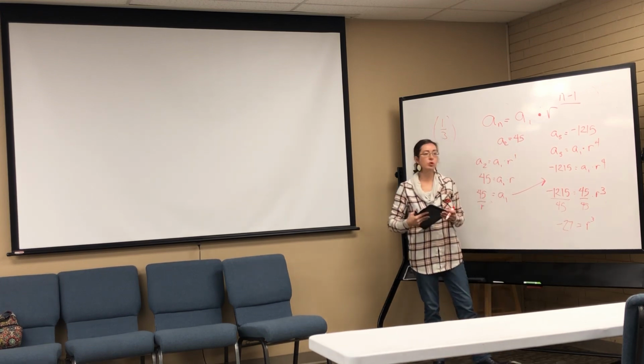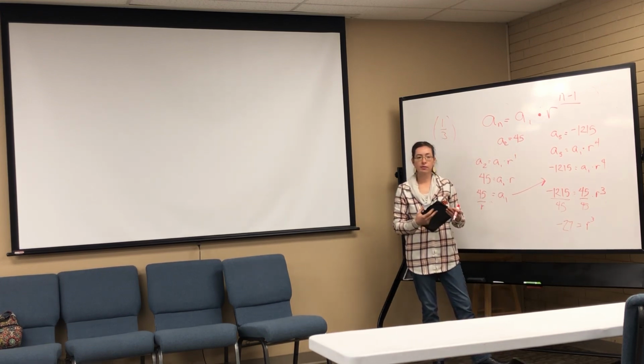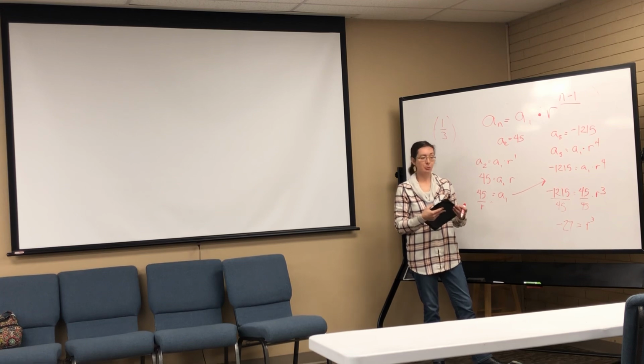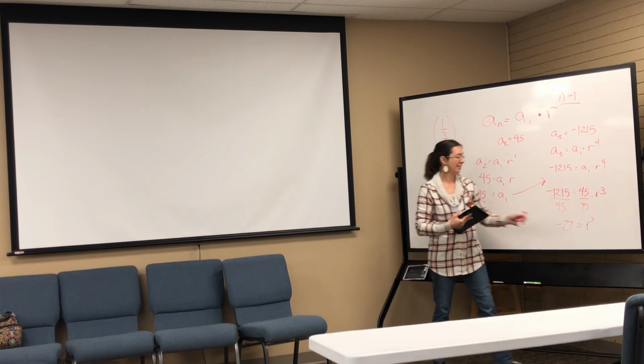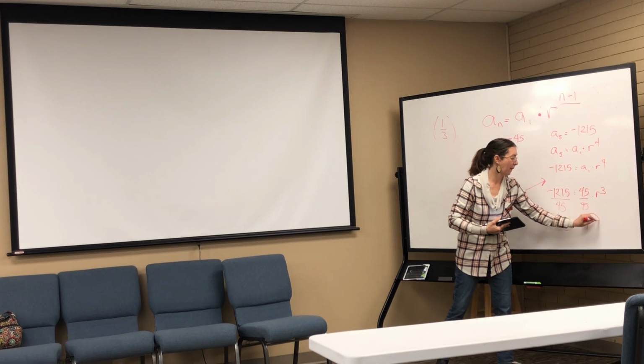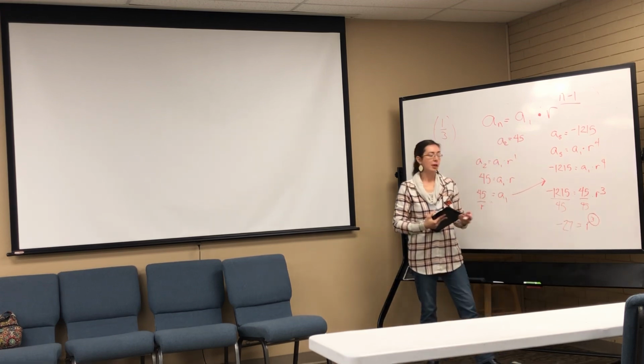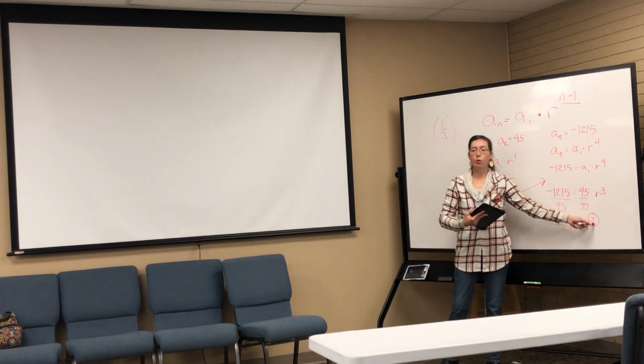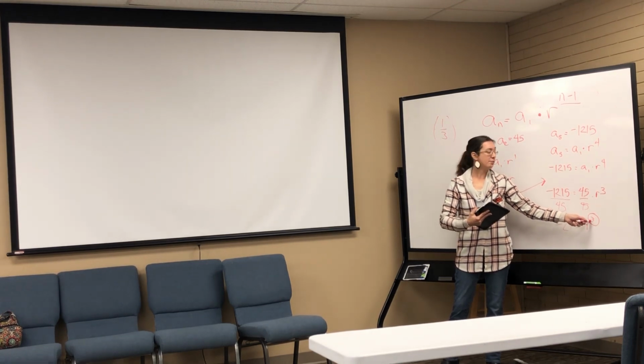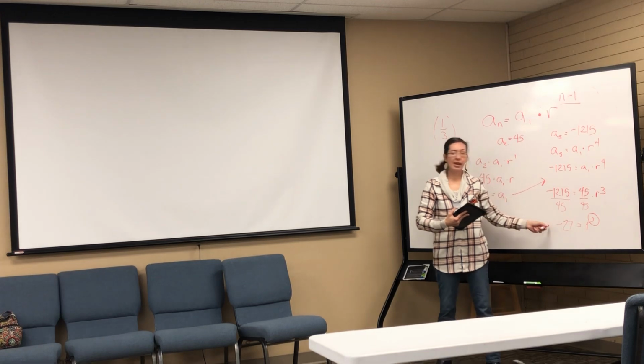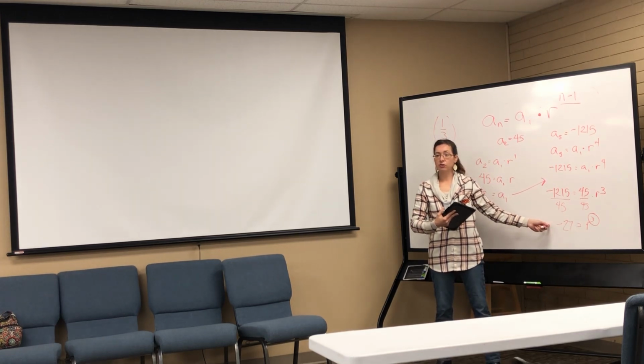Can I take a root of this negative number? No. Oh, yeah. Joshua's saying yes. Why? Because my exponent is odd. Because your exponent is odd. If my exponent was even, can I take this negative root?